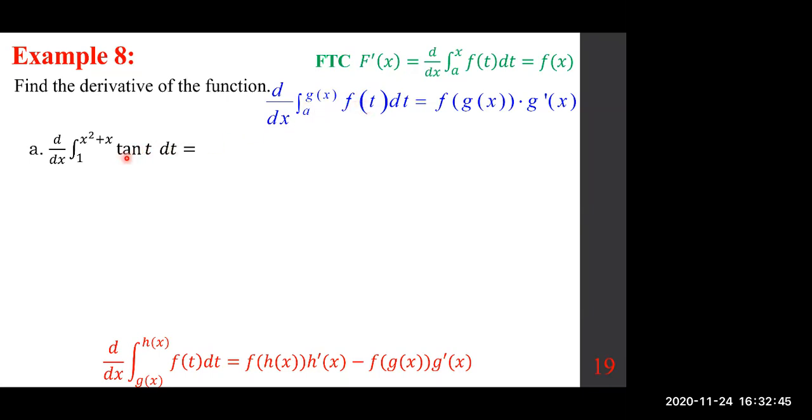So in this case, tan t, so I'm going to put the function in, becomes tan of x squared plus x, that's f of g of x, times g prime of x, times the derivative of x squared plus x, which is what? 2x plus 1, and I'm going to put it in front. I hope you see it's very straightforward, class. One more time, plug in x squared plus x, and then times the derivative of that. So that's the first one we used. Okay, class? That's the first one we used.